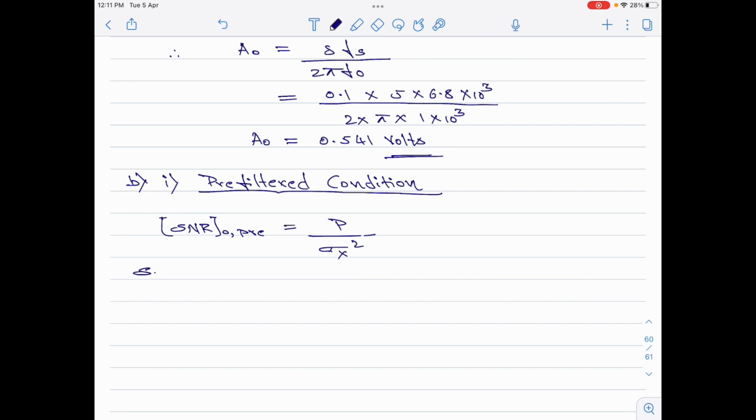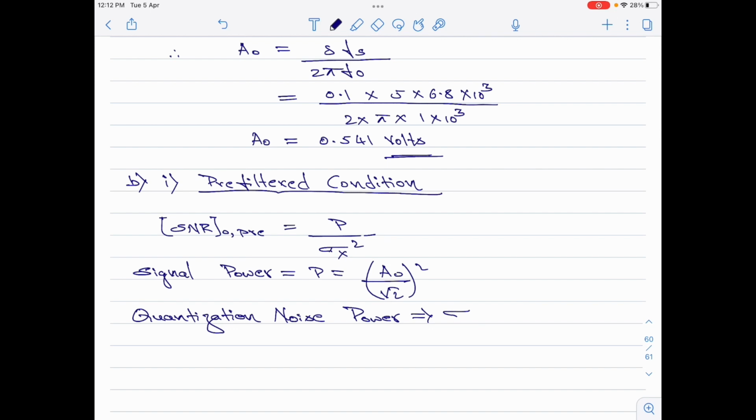Coming to the signal power, which is represented by P, it is given by A naught divided by root 2 whole square. So P is equal to A naught divided by root 2 whole square, and the quantization noise power, which is here representing sigma x square, for delta modulation is equal to delta square divided by 3.